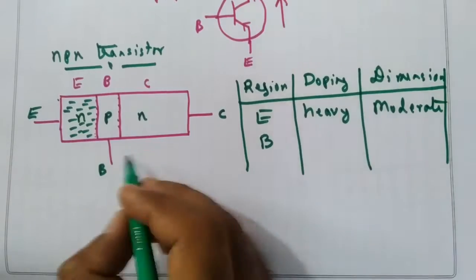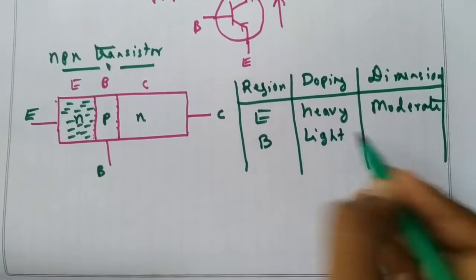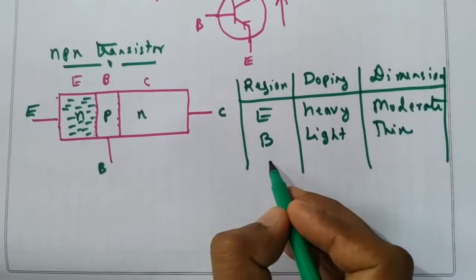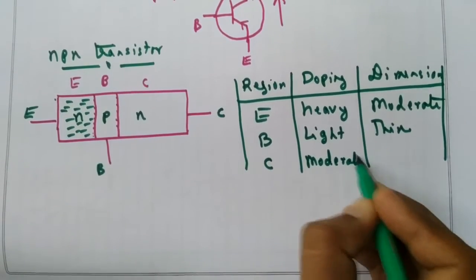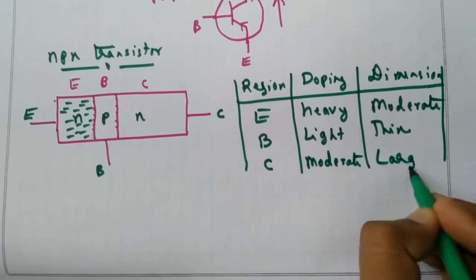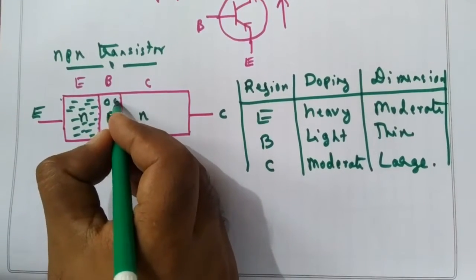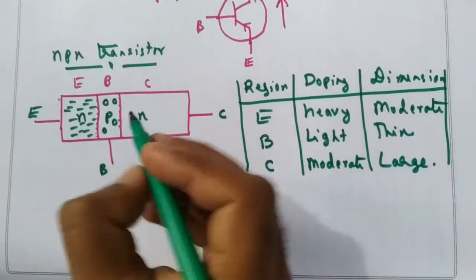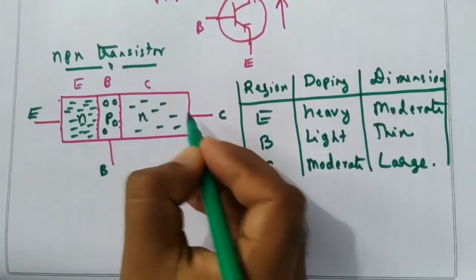The base is lightly doped and thin, and the collector is moderately doped and large in size. So the base, which is of type P, is lightly doped, with very few majority charge carriers, and the collector is moderately doped and large.